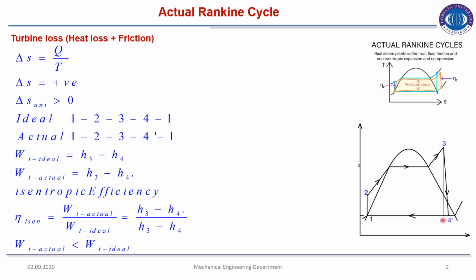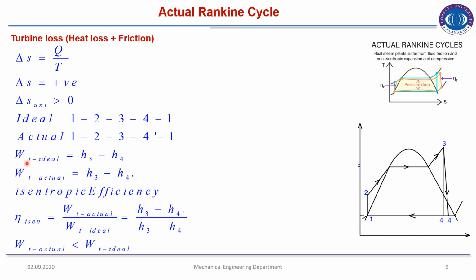As you can see, there is a slight deviation. Process 3 to 4 dash represents the actual process and process 3 to 4 represents the ideal process. Here it is written that processes 1, 2, 3, 4 and 1 represent the ideal Rankine cycle, and processes 1, 2, 3, 4 dash and 1 represent the actual cycle. So 4 dash represents the actual turbine process.